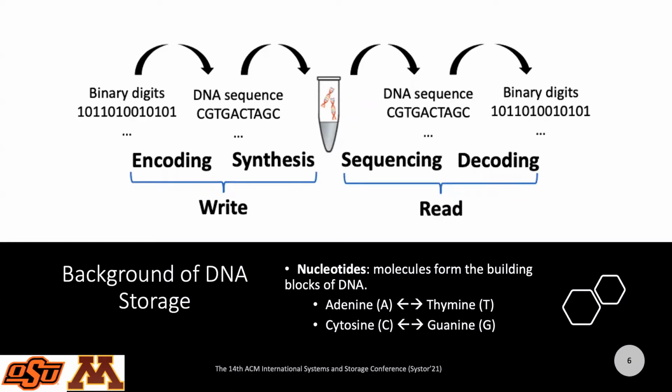For the write operation, including encoding and synthesis, people convert the binary digits like 0, 1 into DNA format, which is ATGC, and then synthesize those DNA sequences into DNA. For the read operation, people use the sequencing machine to read out those DNA sequences, and then according to the encoding scheme, they decode the data back to binary digits.